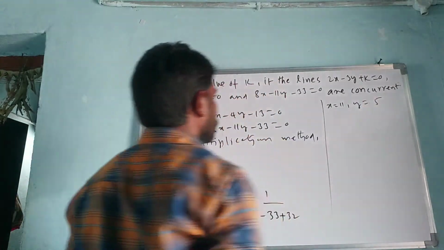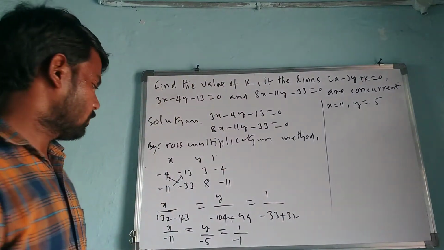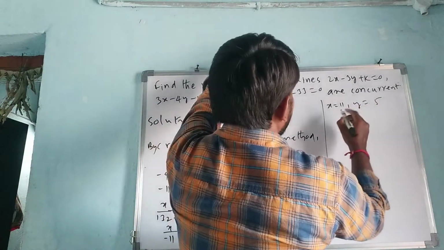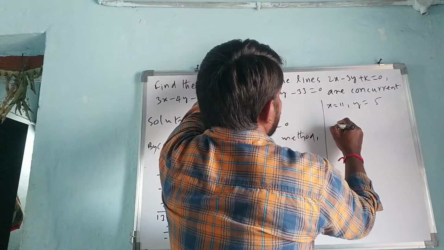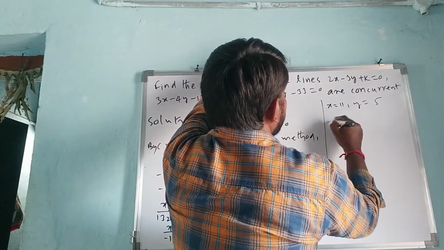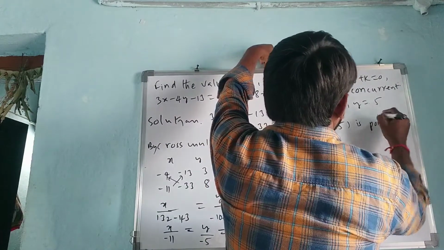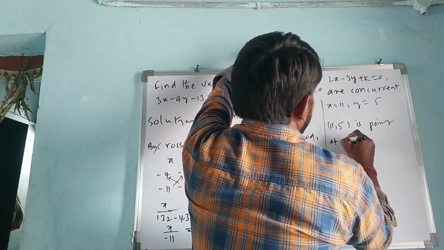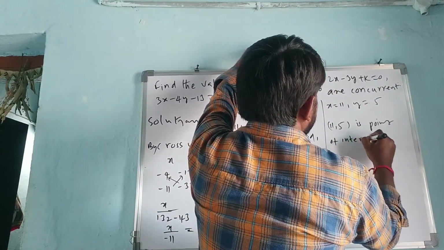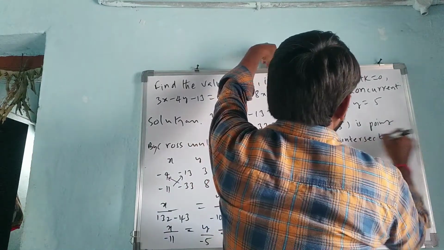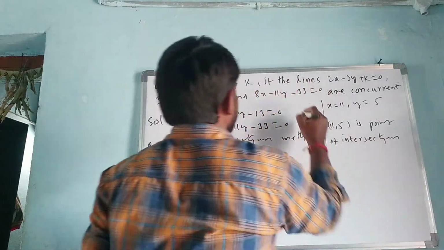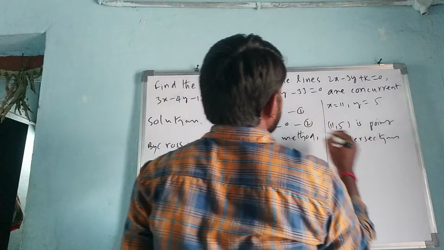So x is equal to 11, y is equal to minus 5. So then we have 11 comma minus 5 as the point of intersection of equation 1 and equation 2.